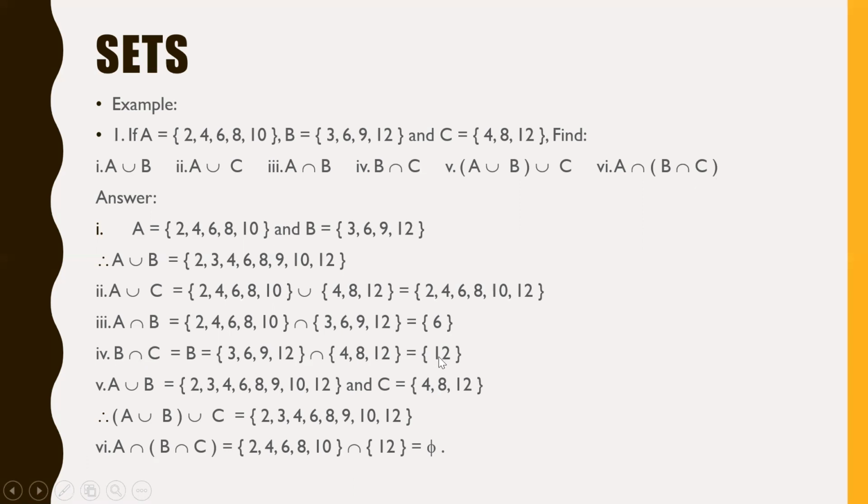So what was the answer? 12. So I have written here 12. Now in intersection we have to see the common numbers. So in A there is 2, 4, 6, 8, 10 and here in B intersection C there is 12. So this set and this set, is anything common? Nothing is common there. So we write the answer as null. Thank you.